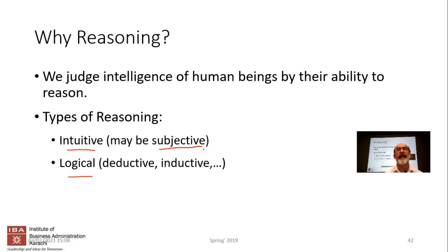So intuitive may be very subjective. So for example, I remember one of my bosses here used to say that if I look at another person and the other person doesn't look into my eyes when he's talking to me, then I think that he is unreliable. Okay, and he had a lot of experience. He was actually one of the directors at IBA, and he met one of my colleagues who was very trustworthy to me, and immediately said, "This guy's not looking into my eyes, and so I think that he is not very trustworthy."